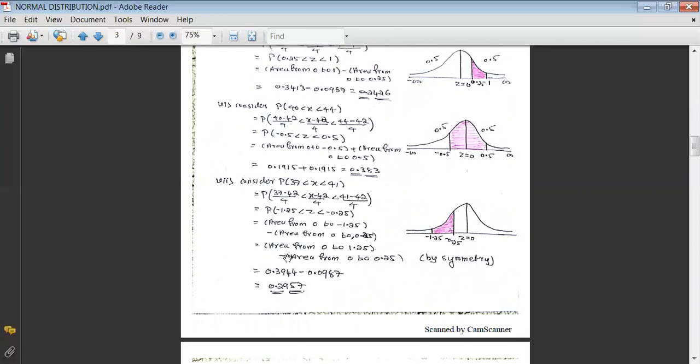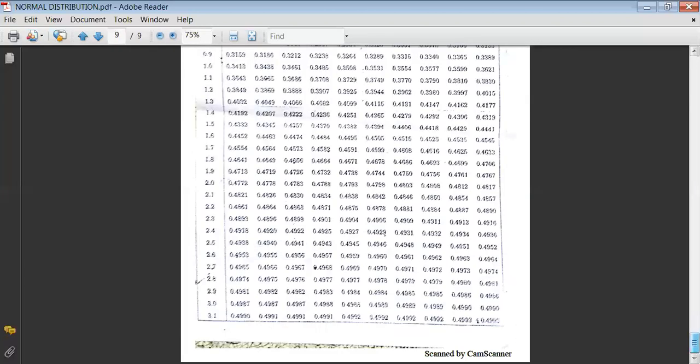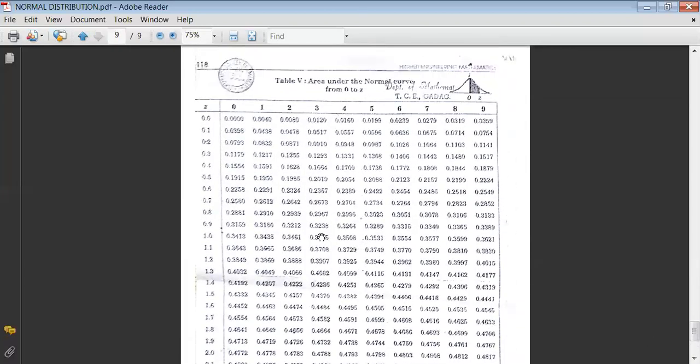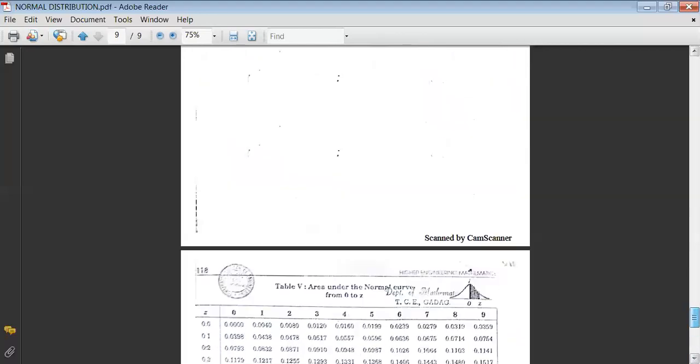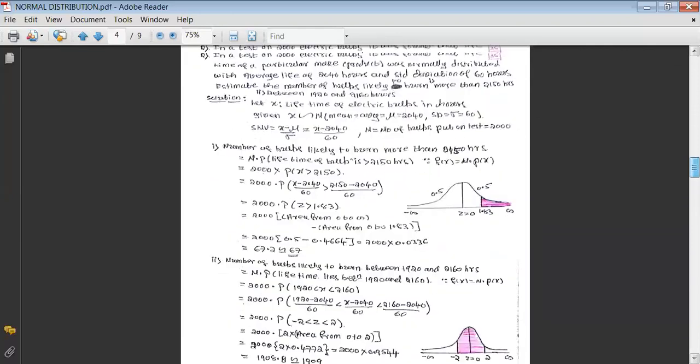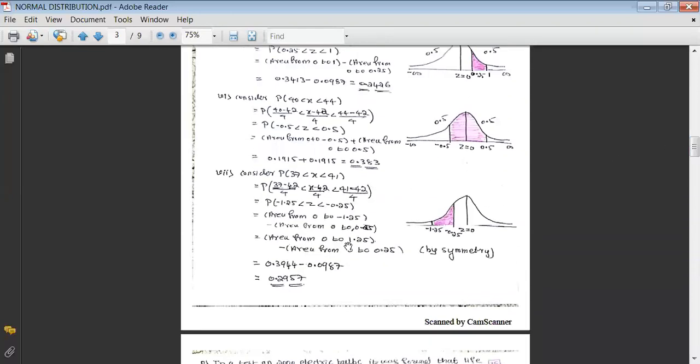0.25. And using the symmetry, we can write it like this. That's why the area from 0 to 1.25, we will check here in the table. Area from 0 to 1.25, 1.2 is here, and the mean difference will be 0.3944.